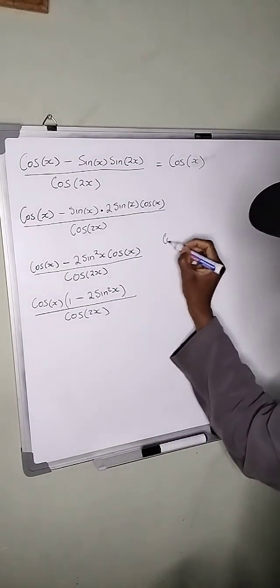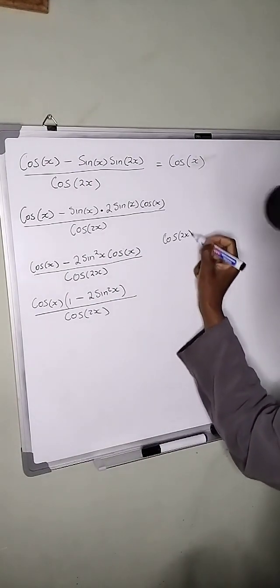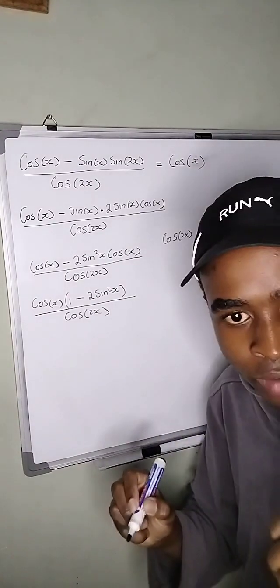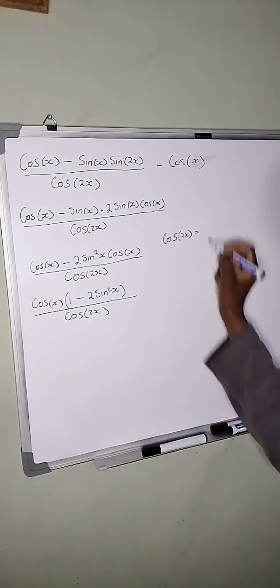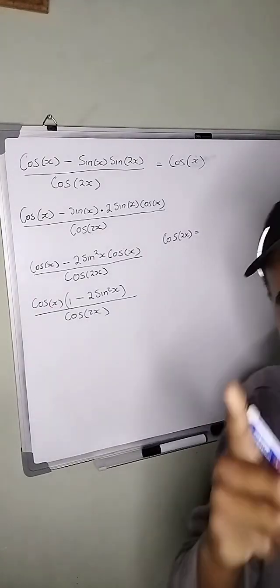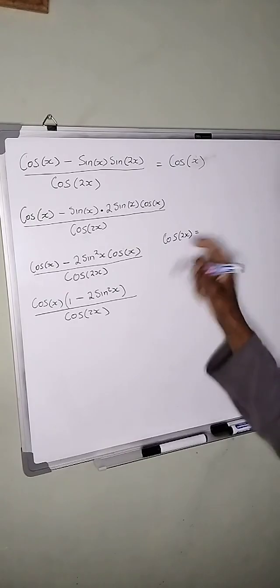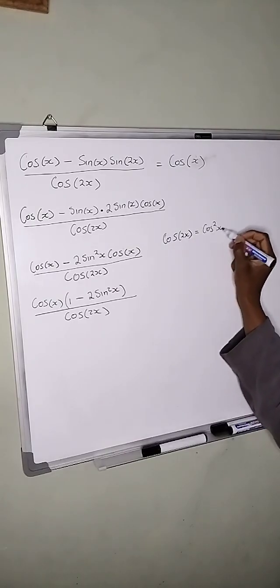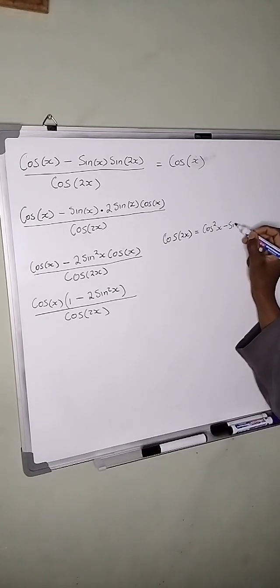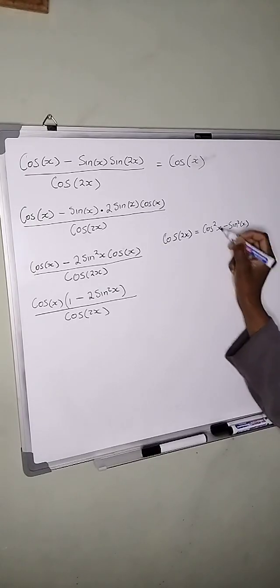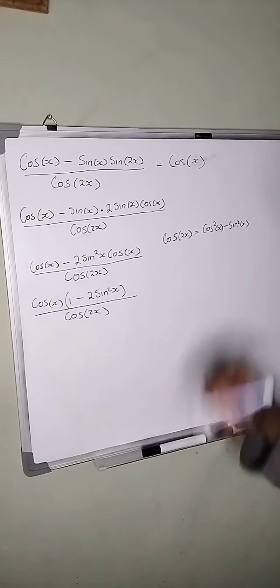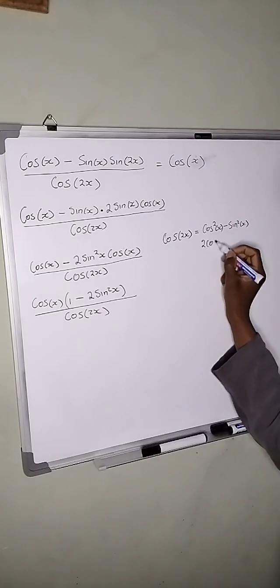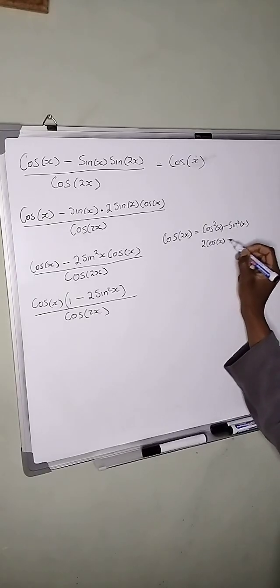So, guys, cos 2x, for those who are still confused. The first formula for cos 2x is cos squared x minus sine squared x. The second formula is 2 cos squared x minus 1.